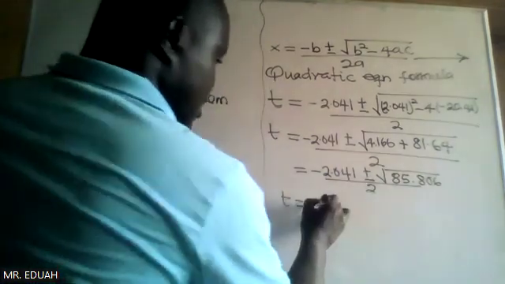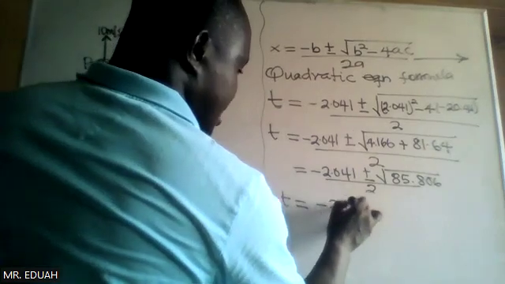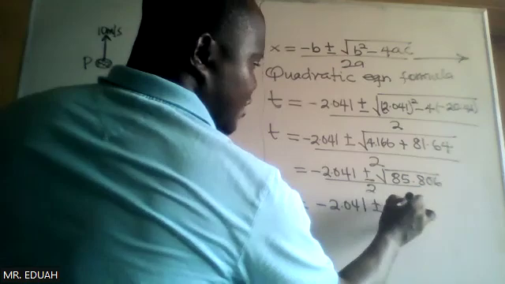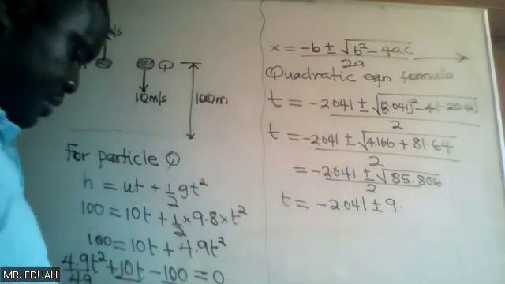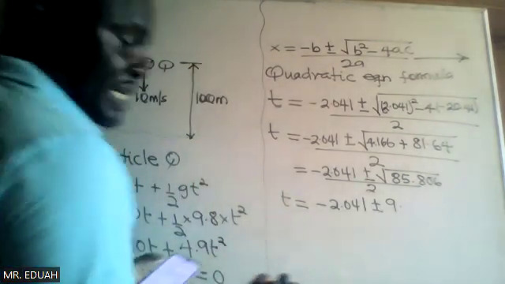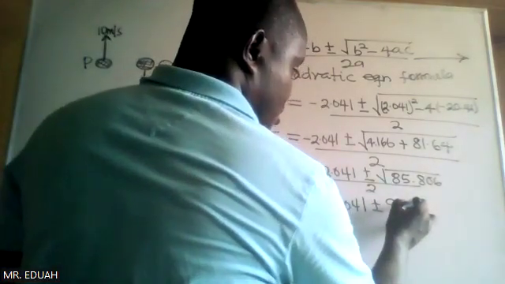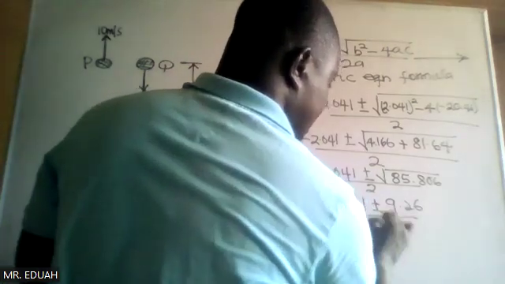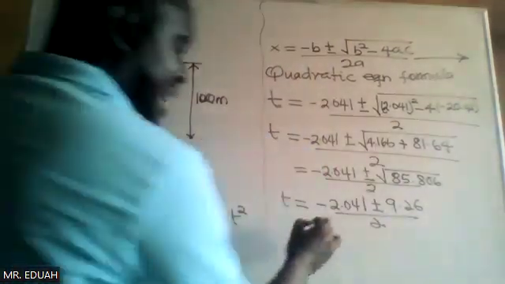Ideally, this is minus 2.041 plus or minus 9.26, divided by 2.